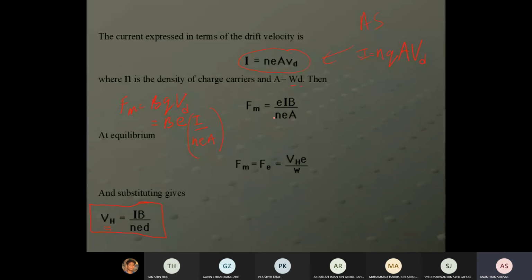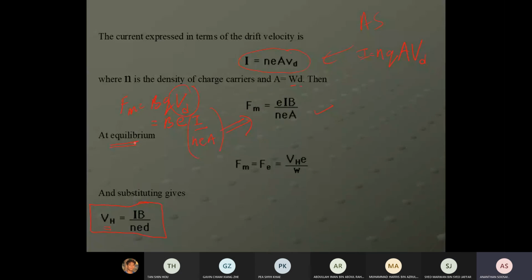I over nEA. That's why you get this formula, BEI over nEA. How do they get this formula? You substitute the drift velocity in terms of I over nEA. n is the charge density, E is the elementary charge, A is the cross-sectional area. So this is the magnetic force.